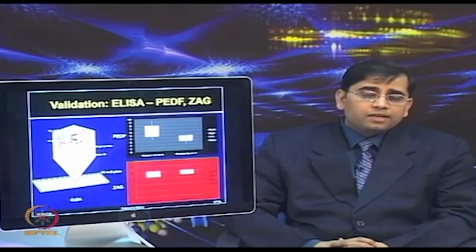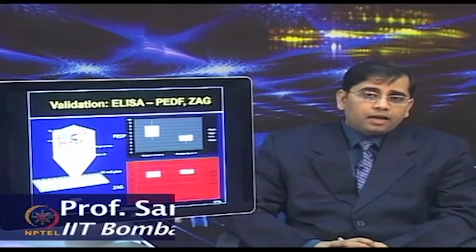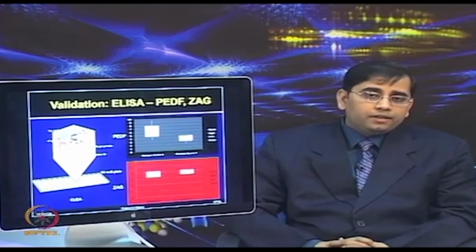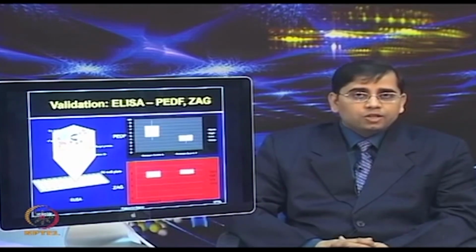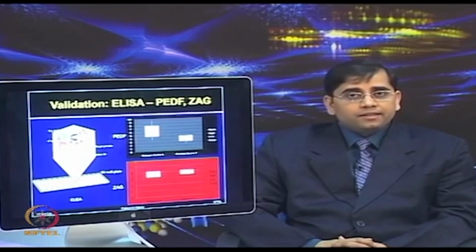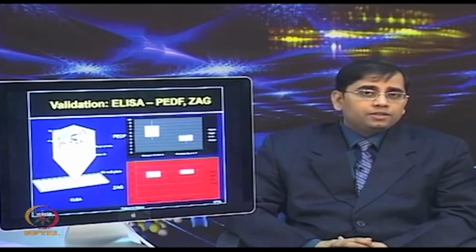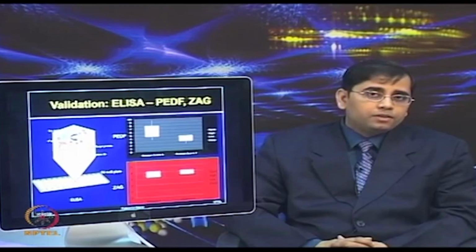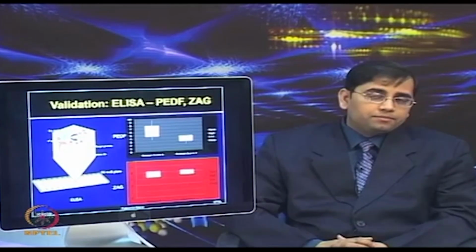The zinc alpha 2 glycoprotein ELISA analysis, shown in red in the bottom panel, indicated a 1.4 fold increase in zinc alpha 2 glycoprotein absorbance in the Gleason score 7 group. So, this ELISA validation confirmed their findings from the 2D DIGE experiments.